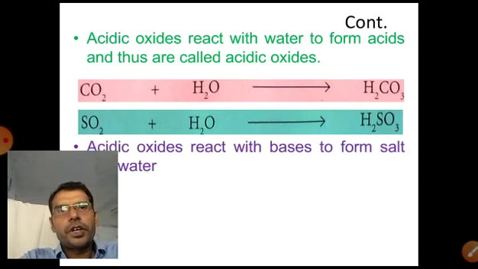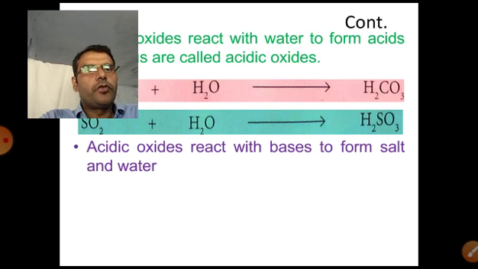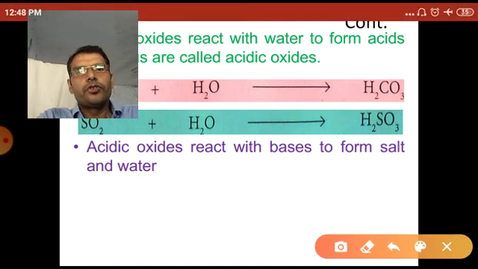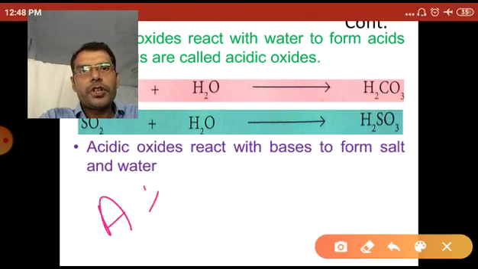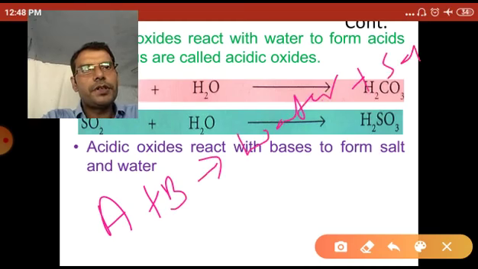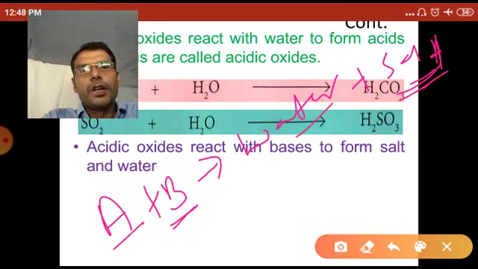Acidic oxides react with bases to form salt. Generally, acid reacts with base to form salt and water. When an acidic oxide reacts with base, it also forms salt and water.